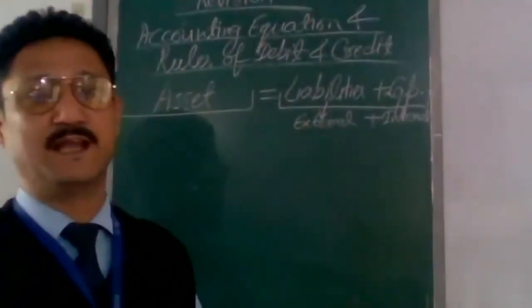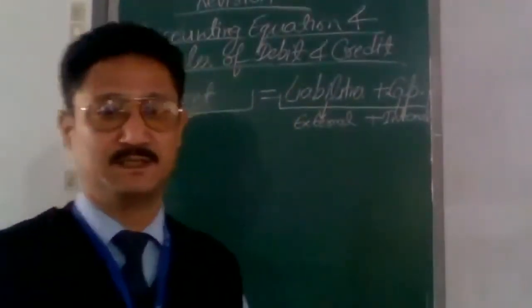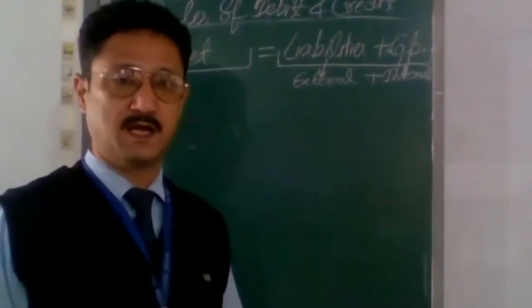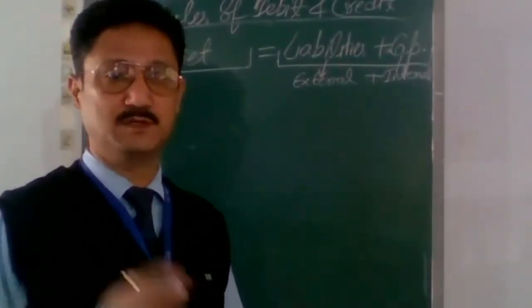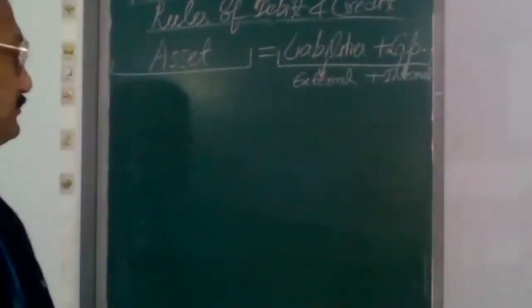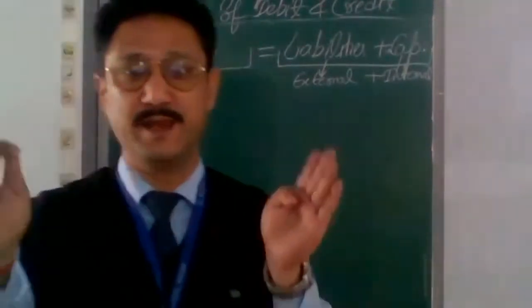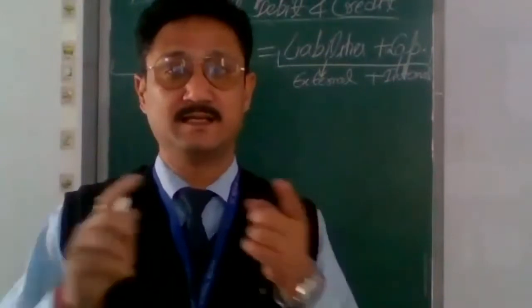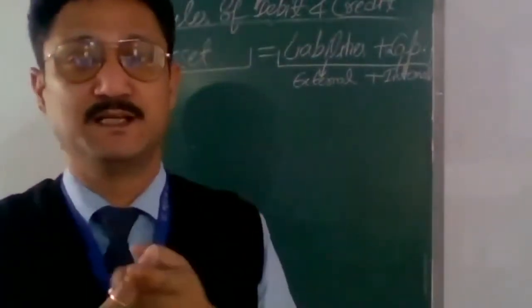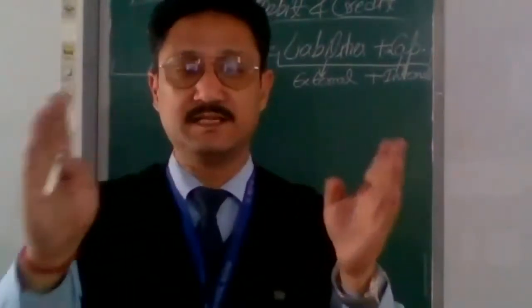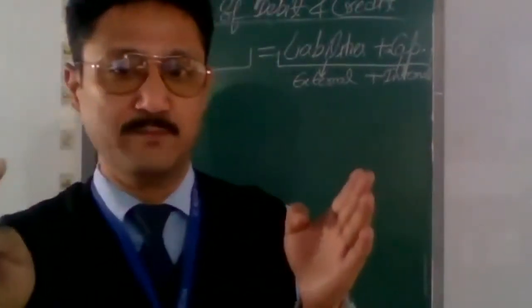So I will be giving you some tips regarding how to solve a question based on accounting equation. While doing accounting equation, make sure that certain points you need to take care of in each and every transaction which you do.